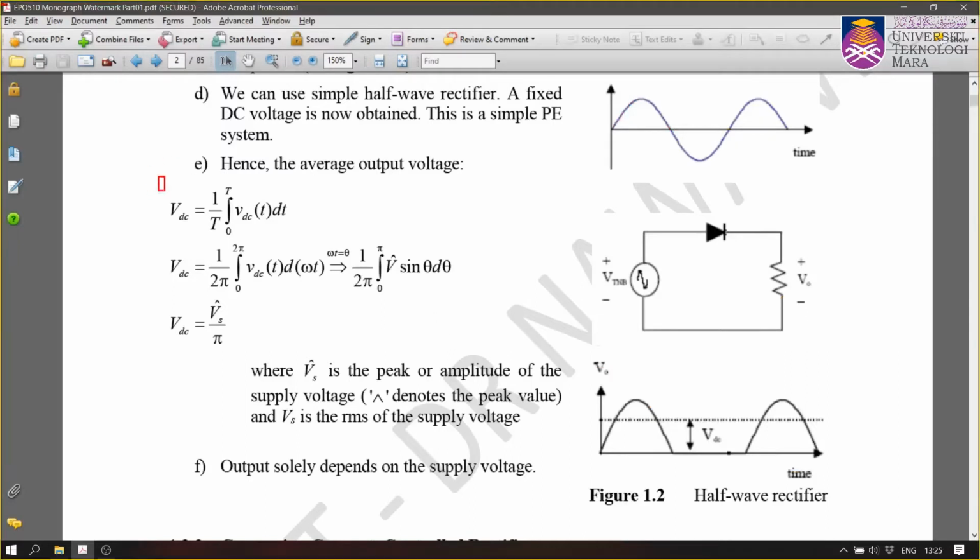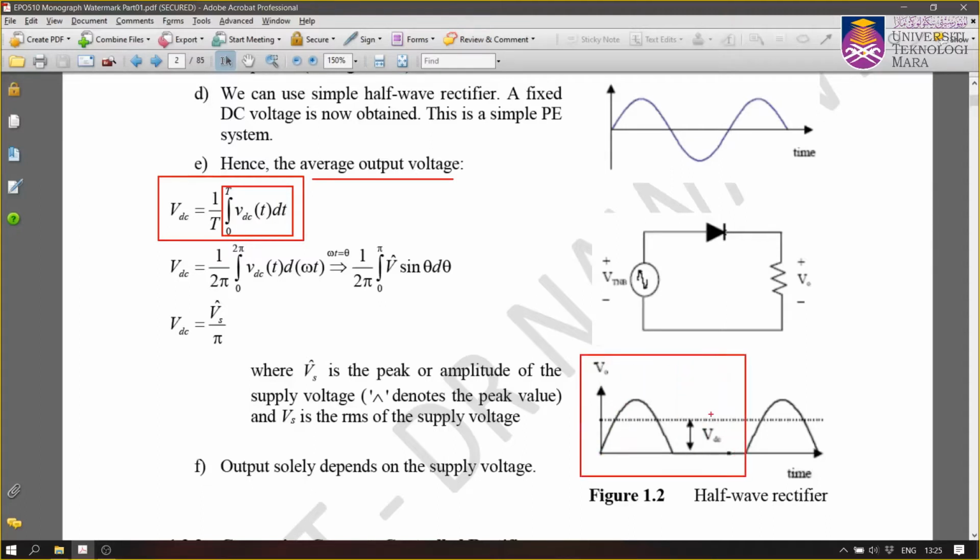You need to apply this equation, which is an integral. This is the general equation for any waveform to get the average value. You integrate the waveform over the full cycle, which is from that point to the point, and this is your T, is it?